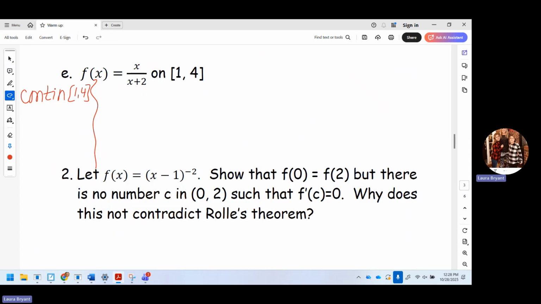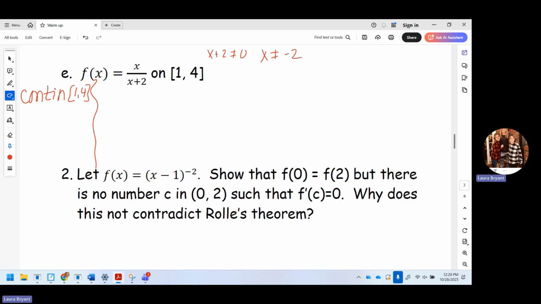To decide, I look and ask, do I have a fraction or a square root or a logarithm? And I do have a fraction. So I take the denominator of the fraction and say that can't be 0. If I solve, I get that x can't be -2. Now let me look at my interval.